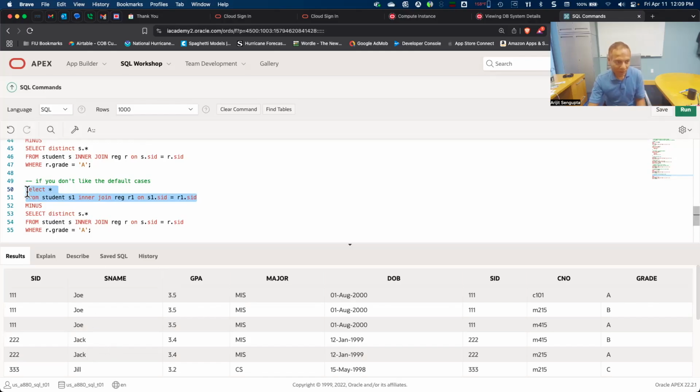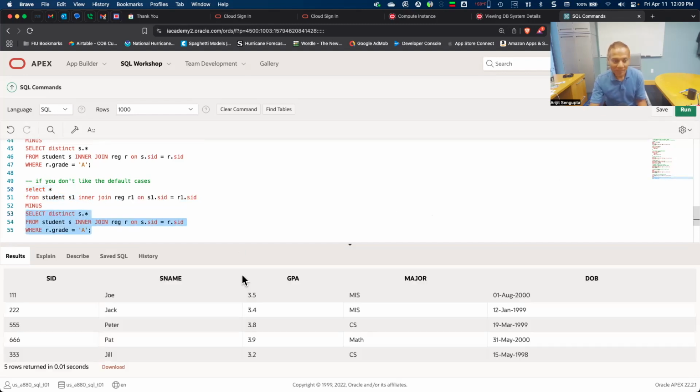If I'm running this, I'm basically selecting stuff from both the student and the register. So I've got 1, 2, 3, 4, 5, 6, 7, 8 columns, right? But when I run this one, I only get 5 columns. So you can't minus this from this. They have to be what is called union compatible. You're not doing a union, but that's what it means.